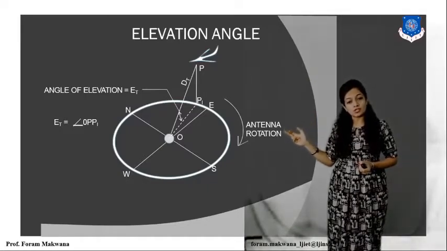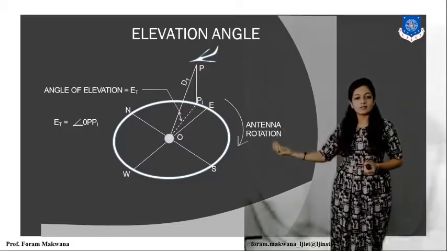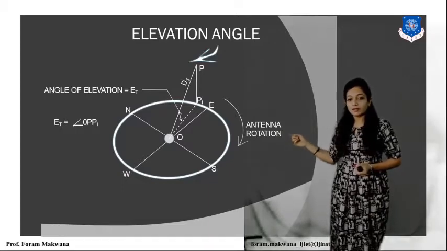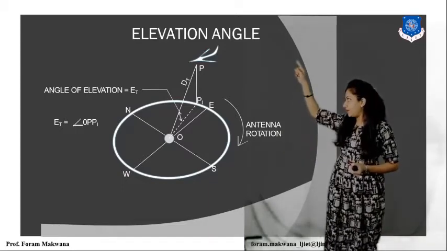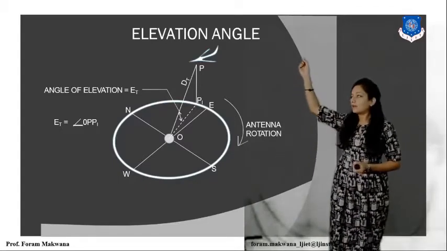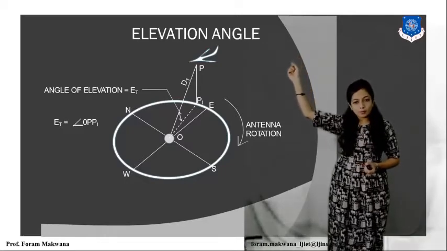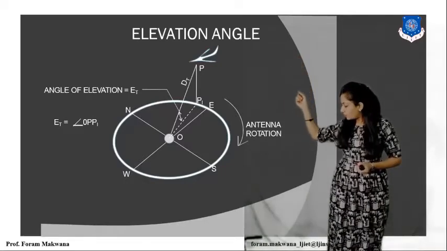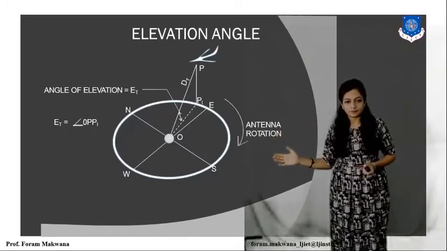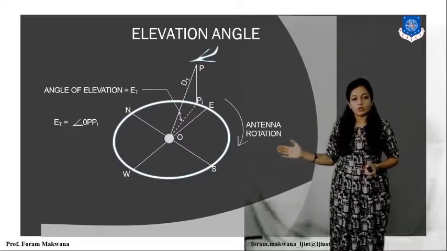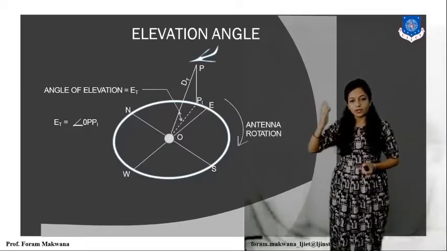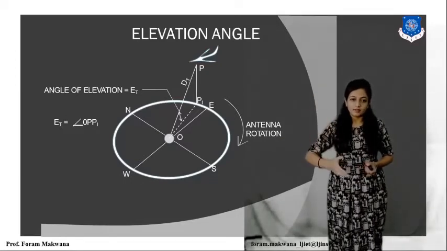It is measured with respect to the north-east plane vertically, at O, P and P1. The angle between my original target at the P point and the vertical projection of that target onto the surface of the earth, or the north-east plane, is measured as angle OPP1. That vertical angle is called the elevation angle.